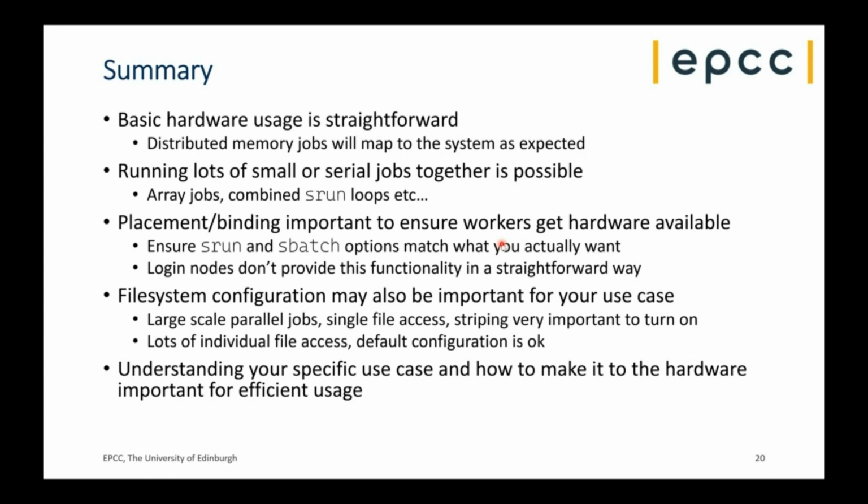Running lots of small jobs or serial jobs together, which is much more common in data analytics and data science workflows, is possible, and we can use combined srun or array jobs to do that, as we've already seen. But making sure we get process placement and thread binding right, so we're using those cores efficiently and we're spreading out across workers, across cores, is going to be important to make sure you get the best performance.